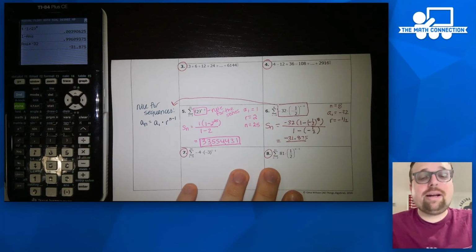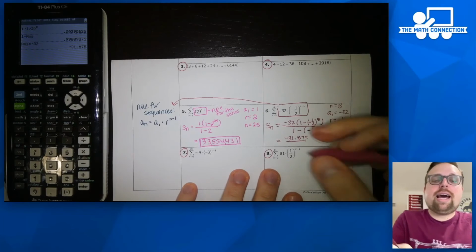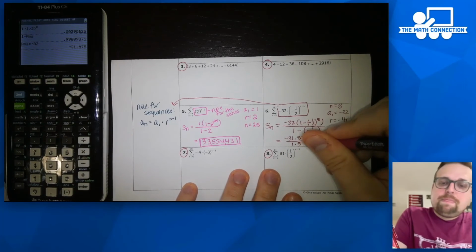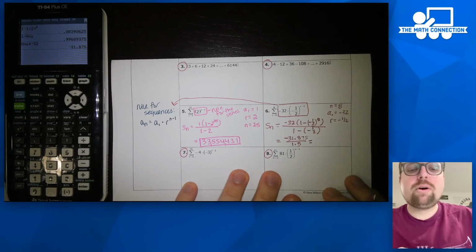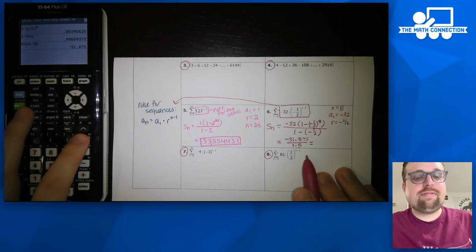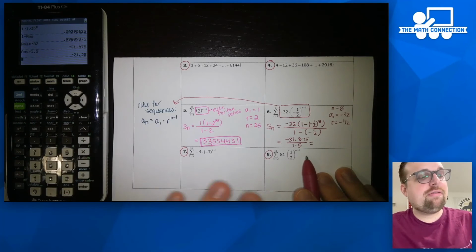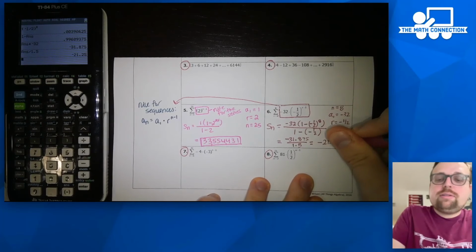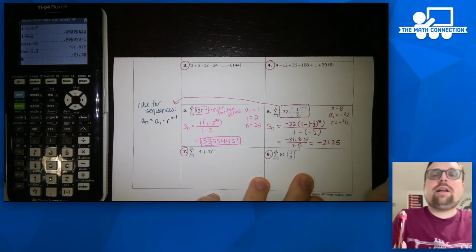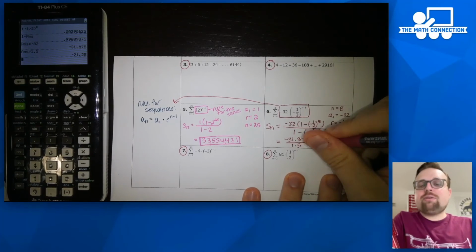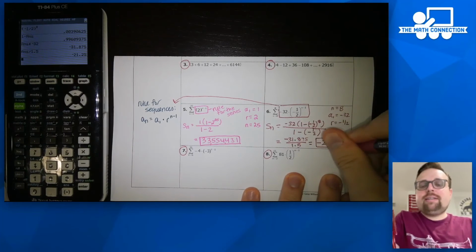And our denominator is going to be 1 plus 1/2, which is 1.5. Okay, so let's go ahead and do this math. So we're going to divide this by 1.5, and we get negative 21.25.